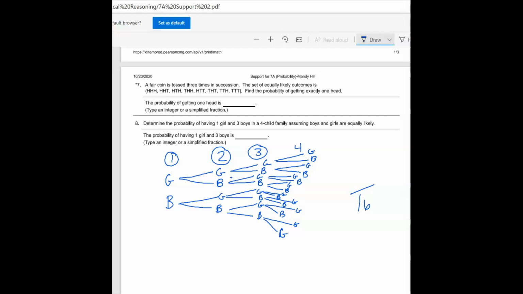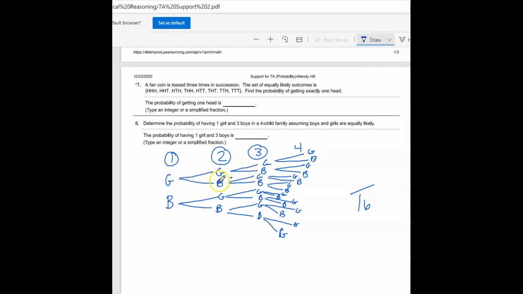But what we're going to focus on is how many of them are 1G and 3B. So when we look at the list, we've got G, G, G, G. Well, that's got 4 G's. We want 1G and 3 B's. G, G, that's already too many. We only want one girl. One girl, one boy, one girl, one girl. That's too many girls.